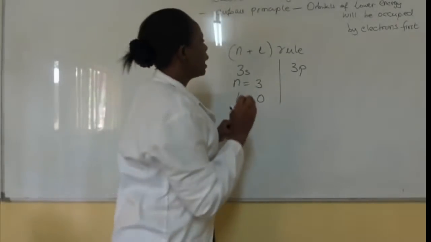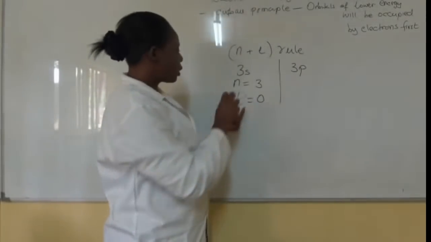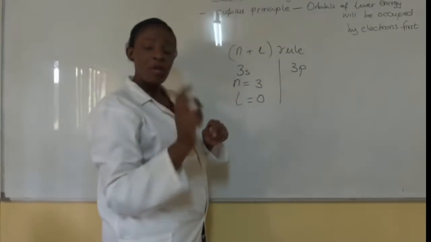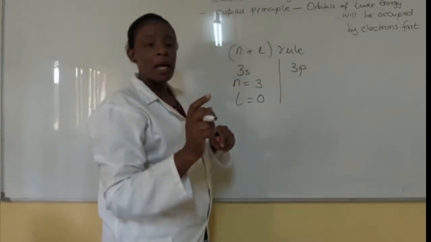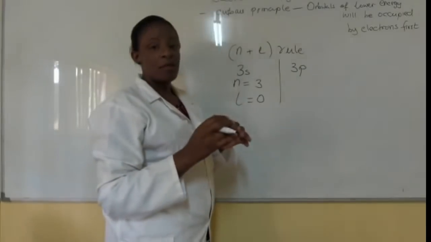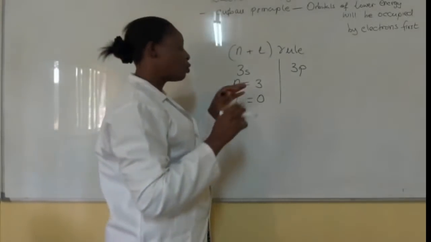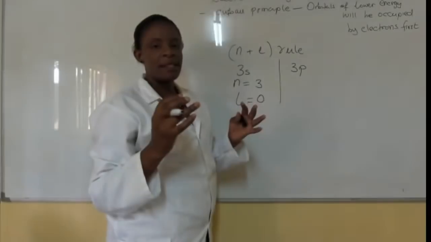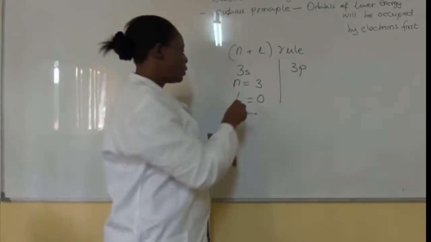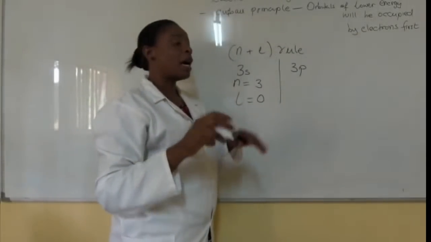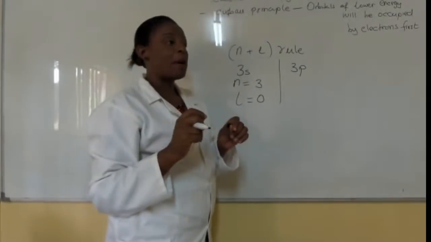Remember, I mentioned that N is the principal quantum number. It shows you the energy level of the orbital. It also shows you the size of the orbital. L is the angular momentum quantum number.